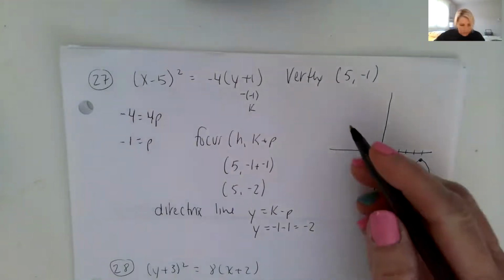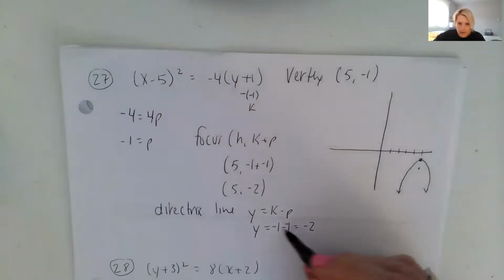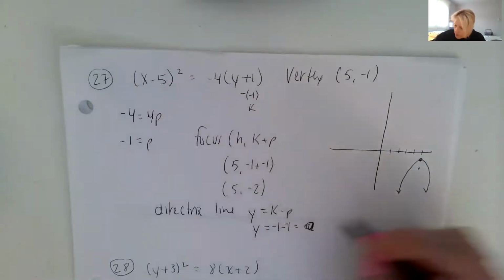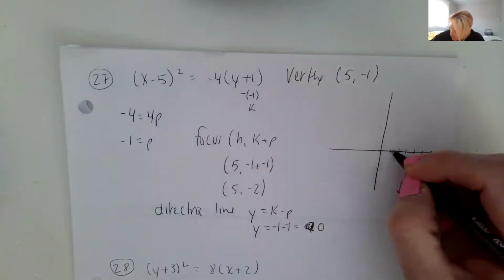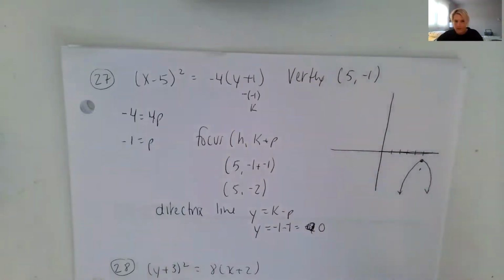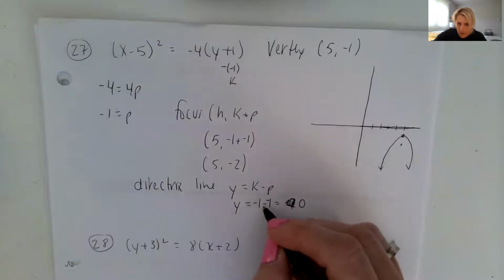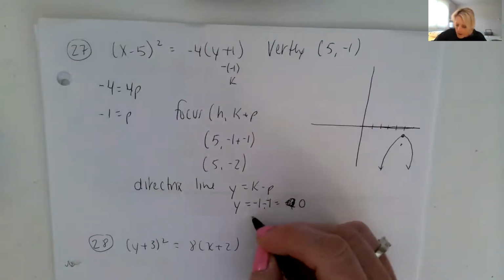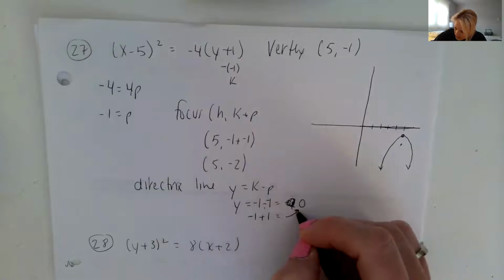K is -1. Oh, subtracting, sorry, subtracting, so that becomes a positive. I was like, wait, it needs to be up here. So it should be at 0. So that should be our directrix. Sorry about that. So it's -1 subtracting -1. So it becomes -1 plus 1 is 0.